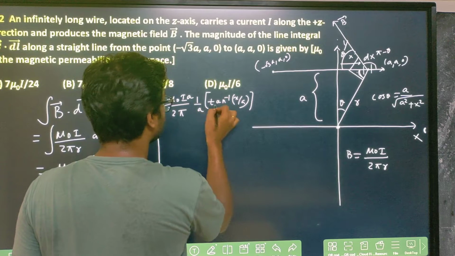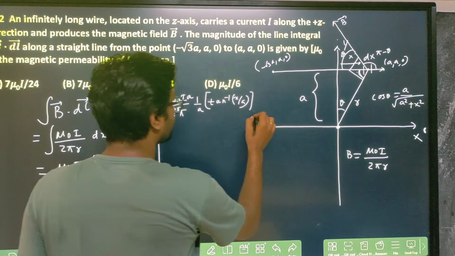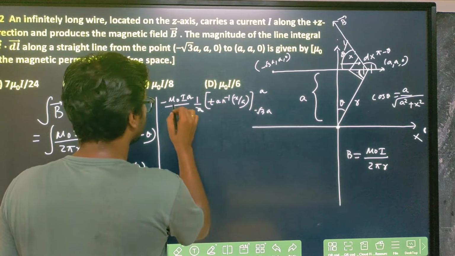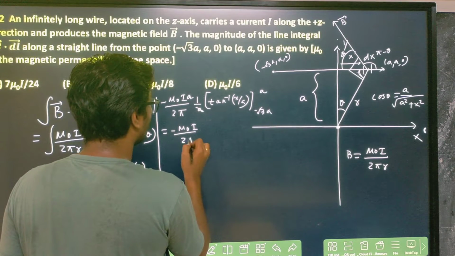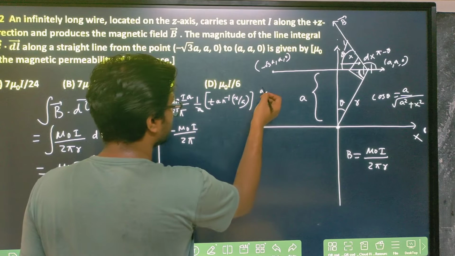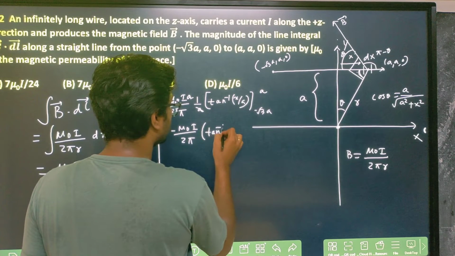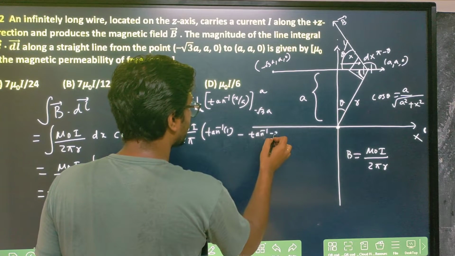This is the standard integration formula for dx by a square plus x square, from minus root 3 a to a. So the a gets cancelled out here, this will be minus mu naught I divided by 2 pi tan inverse x by a. You put a here, so this will be tan inverse of 1 minus tan inverse of minus root 3.